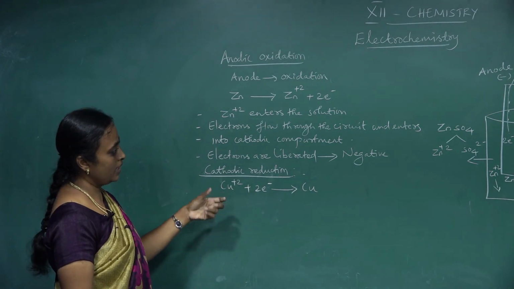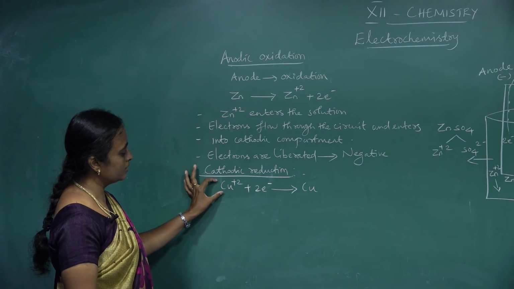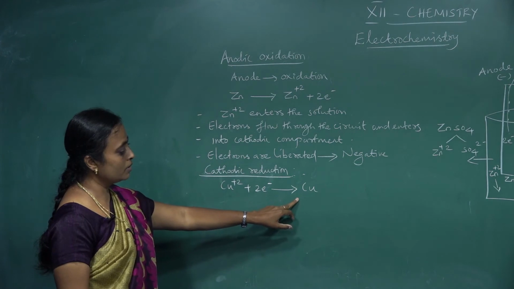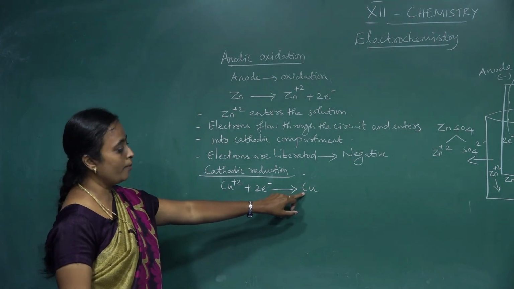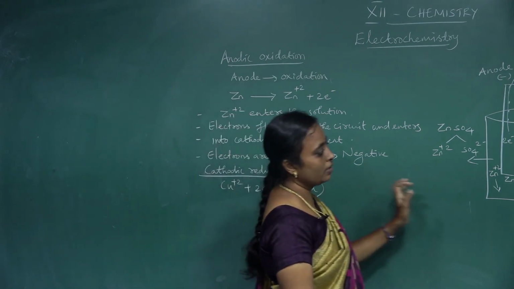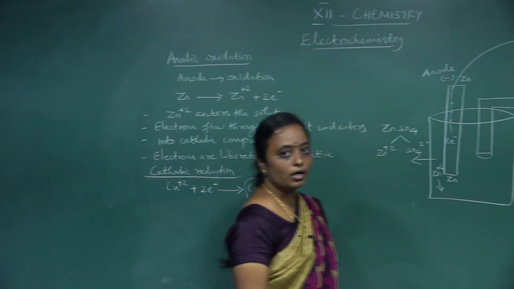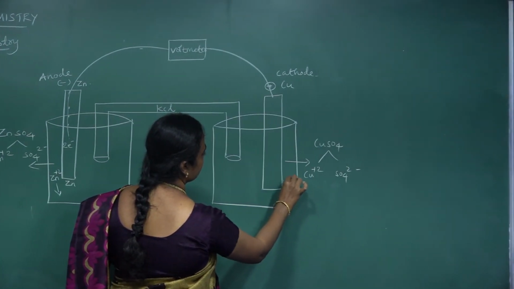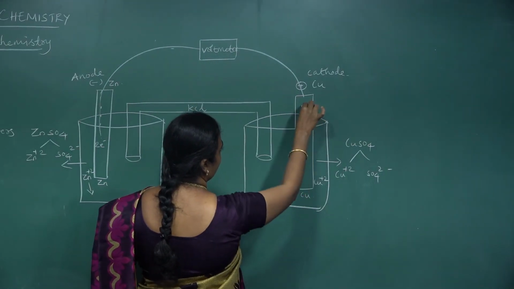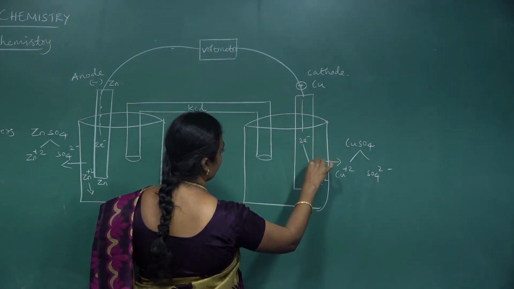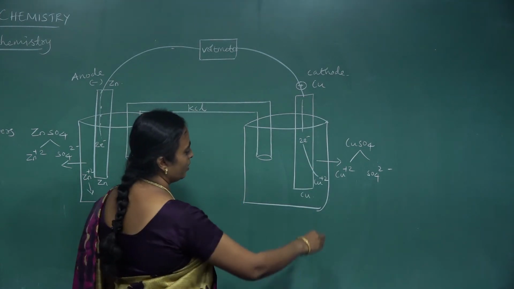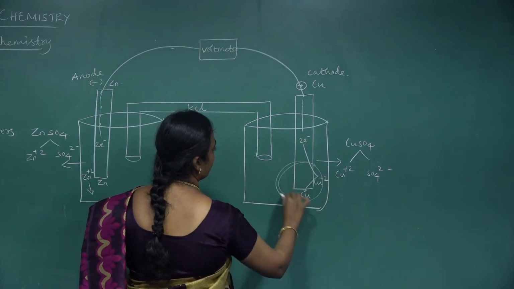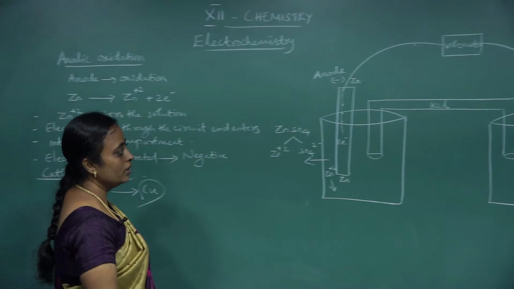Here the Cu2 plus takes 2 electrons and is converted into copper, and the formed copper is deposited on the cathodic electrode.